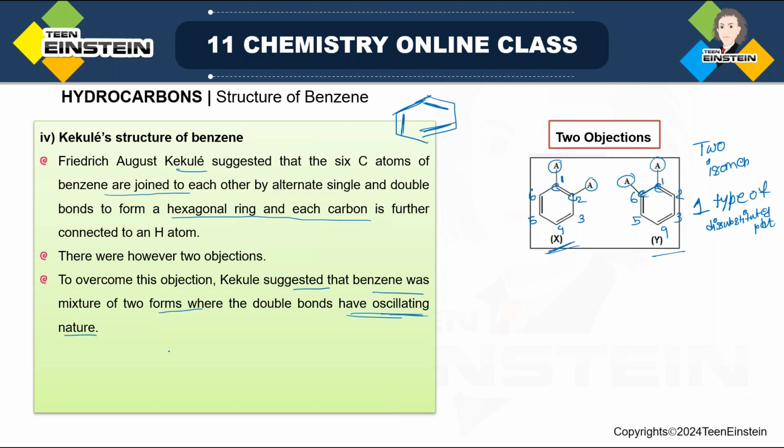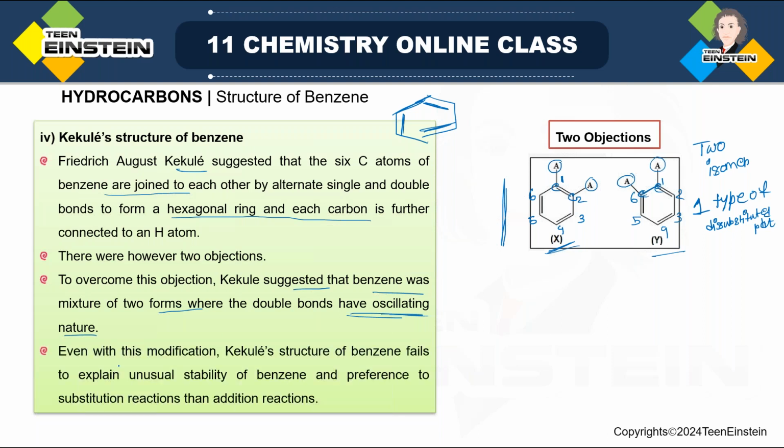There is no such isomer. Now to explain this, Kekule is saying that there is some oscillating nature. That means the position of the double bonds. As you can see in the X structure, the positions of double bonds are 1, 2, 3, 4, 5, 6. But the positions are not like this. They can shift their position, that is, from 1 they can shift to 2, 3. That is said by Hückel.